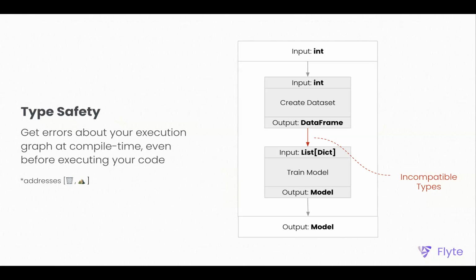If anyone here is familiar with strongly typed programming languages, it's the same benefit. Now, within the task function body, a lot of errors can happen because it's just Python. But at the interface between tasks and between workflows, you will have this type safety feature.